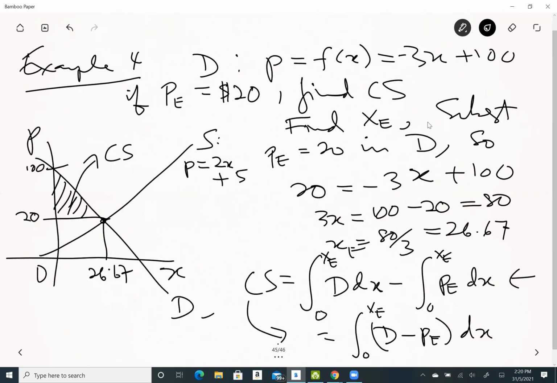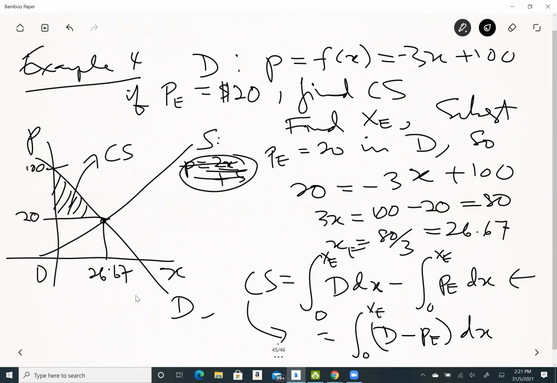No, we cannot. Because we already have this point, if it is 2x plus 5, we don't know whether the equilibrium will be at 20. I cannot just guess. I have to find a function where the equilibrium price is equal to 20, so it takes some time. We cannot just forget about it. So that's it for example number 4.